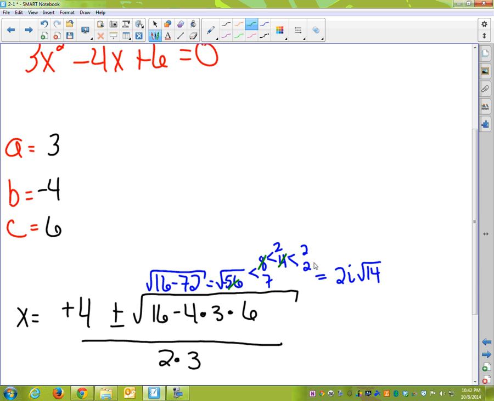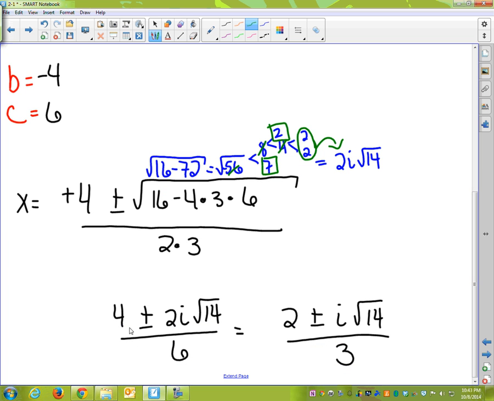So when I went to rewrite it, there's my pair that came out. And the numbers that were left over, the 2 and the 7, I re-multiply them when they go back in the radical. So it became 2 radical 14.